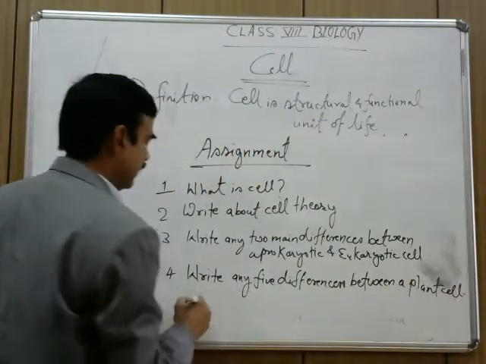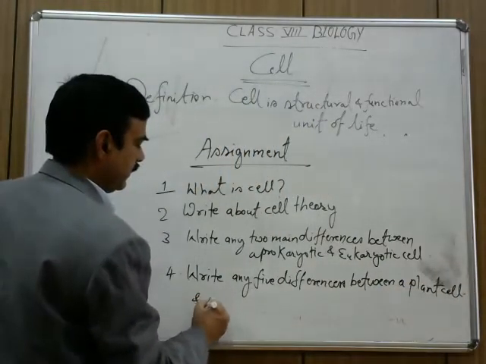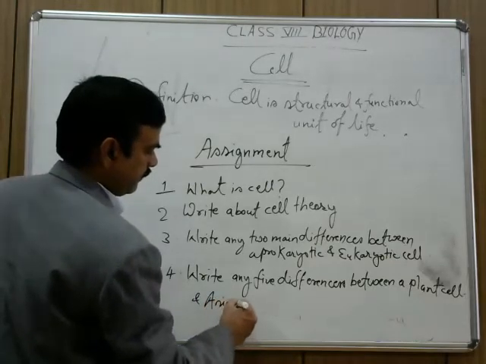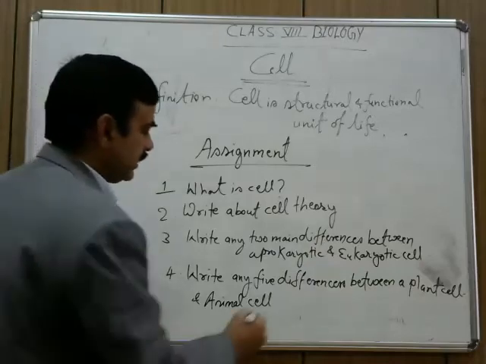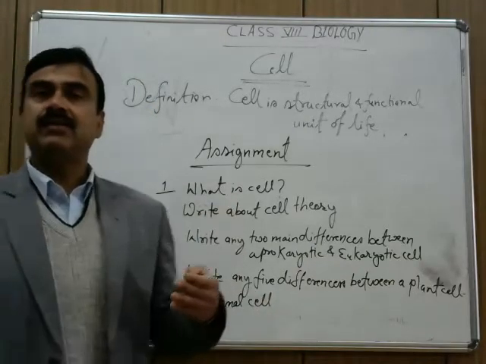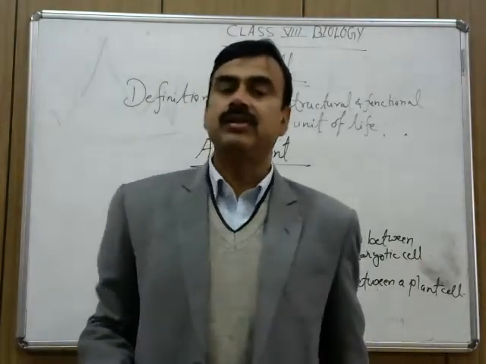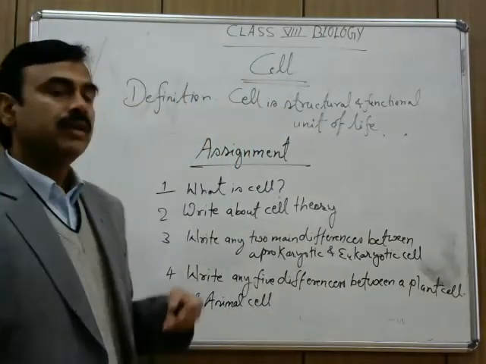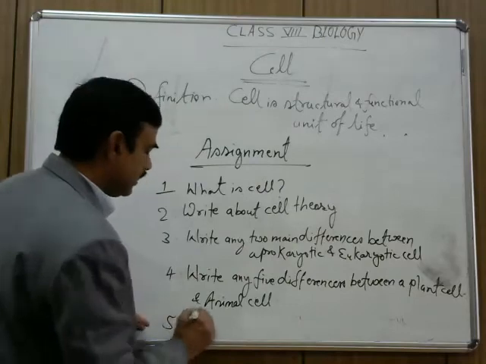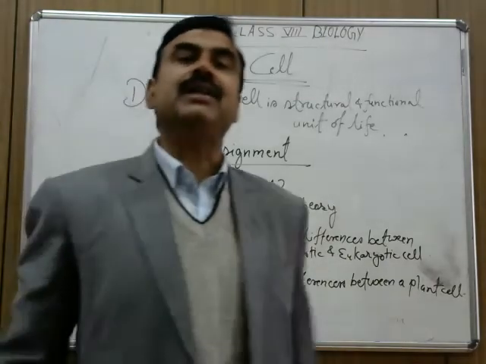You have to make a table, right? As I explained in front of you, the same thing should be completed by you also. And the last one is draw the structure of animal cell.